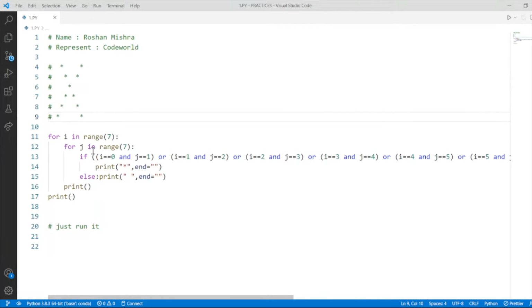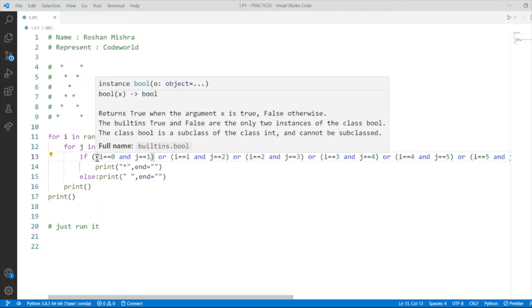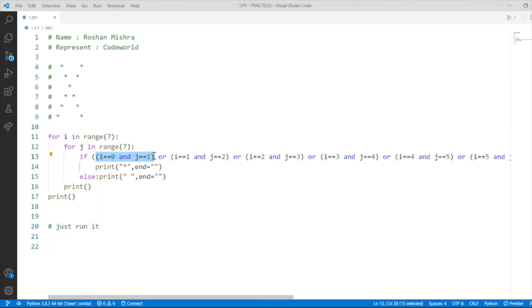So what we are doing here. First we have taken the if condition. Let me select it. First I will explain this much. What it says: if our row is 0 and our column is 1, okay, our row should be 0, and 0 means this row, the first row, and column equals 1 means not the 0th column, it should start from column 1.